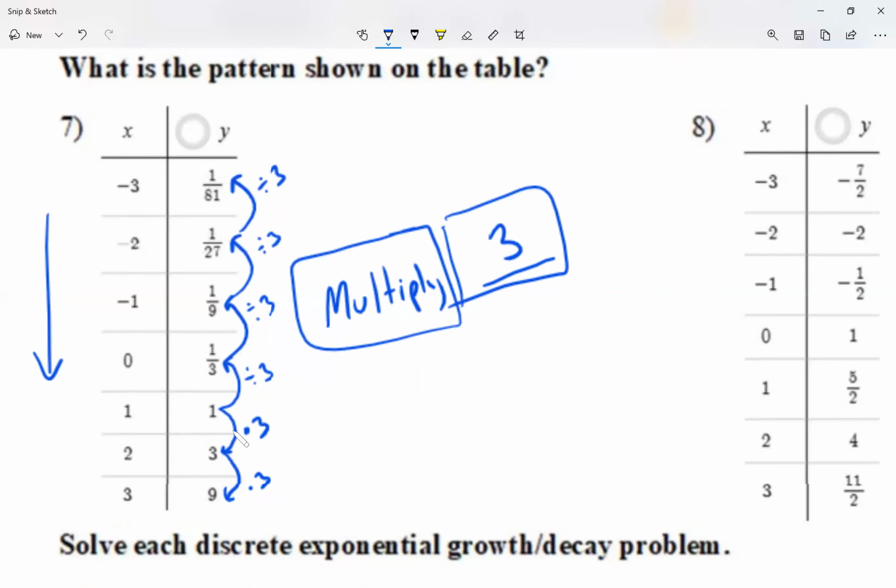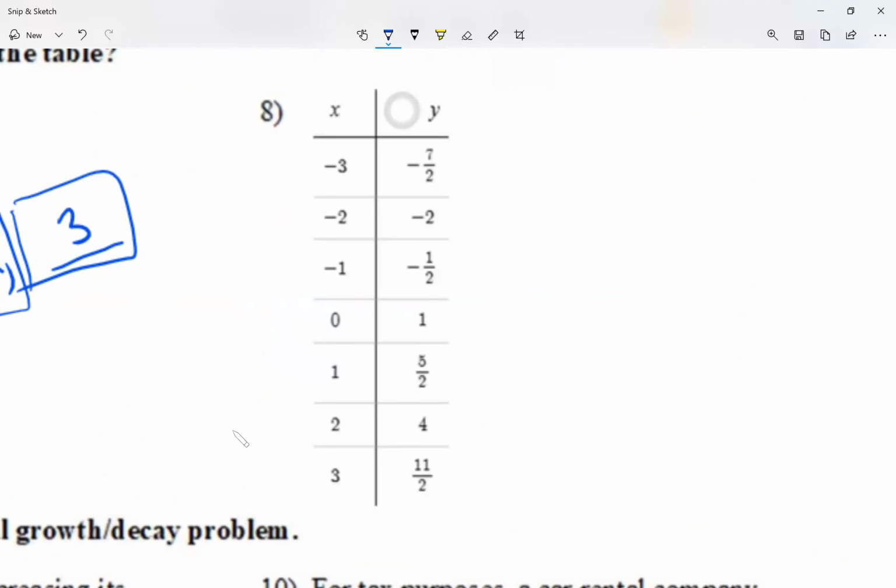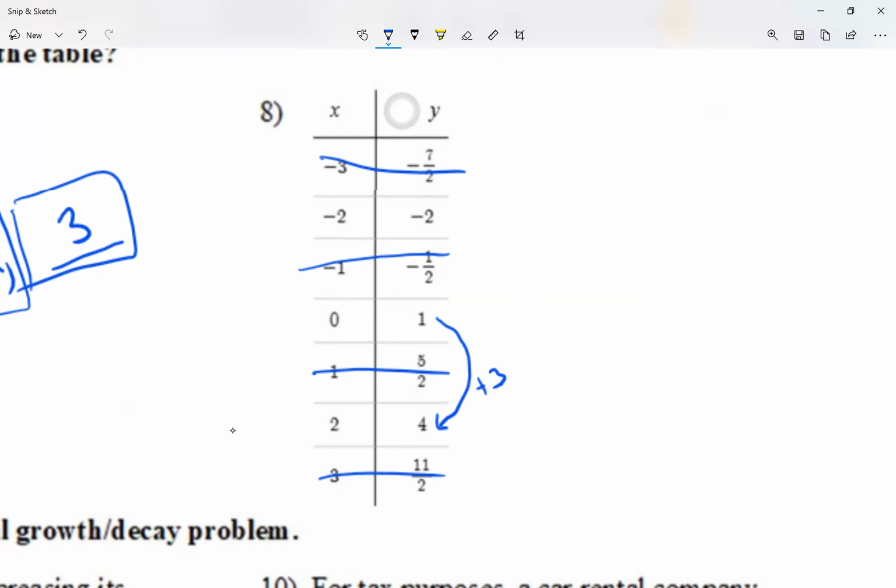Okay, let's take a look at another example. Let's take a look at number 8. Again, I always like to do linear, so to see if adding works, but I'm looking at they are fractions. So I'm like, oh man, I don't want to deal with fractions. So let me skip the fractions. I'm going to see for 1 to become 4, I will have to add 3.